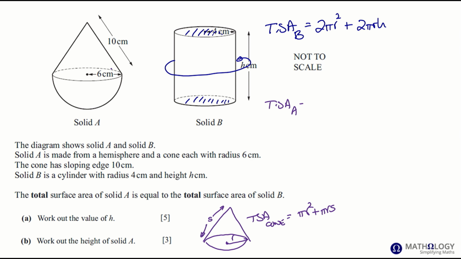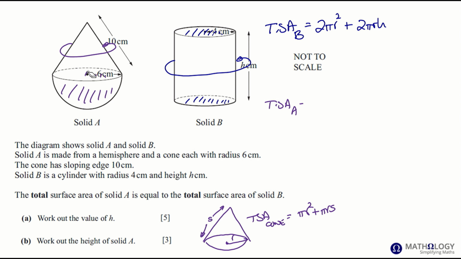This is the total surface area of a cone on its own. But in the context of the solid, imagine we were painting a model of this ice cream cone, solid A. We would paint around the cone like that, but this circular face is inside the solid, which you clearly cannot paint. So we have to exclude that from the total surface area.